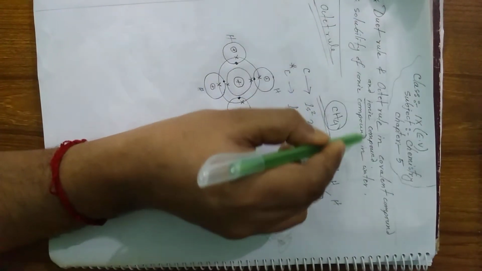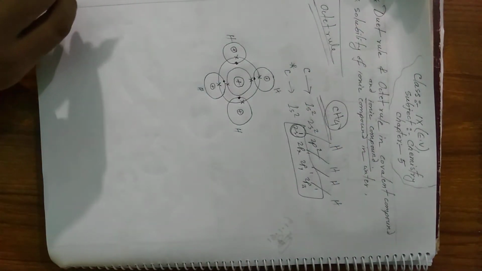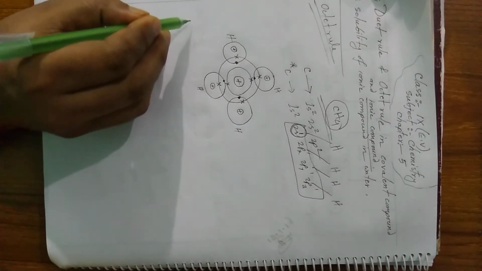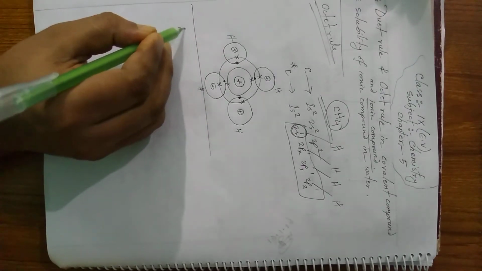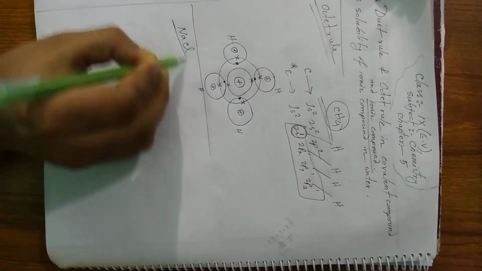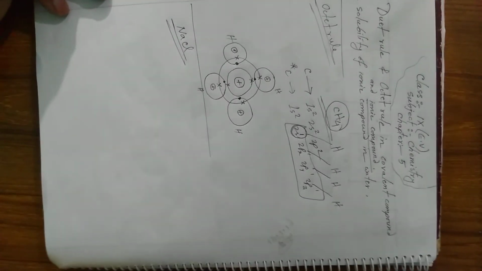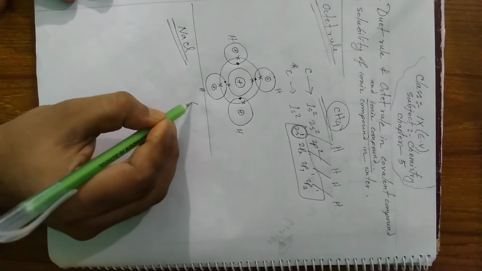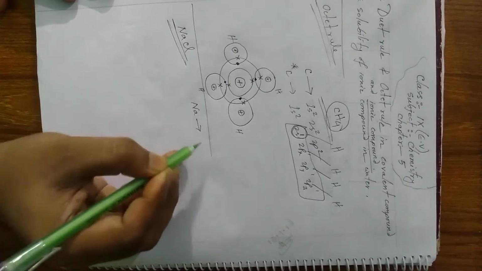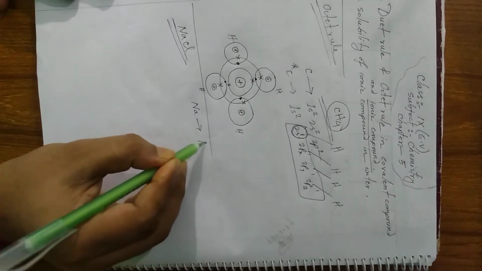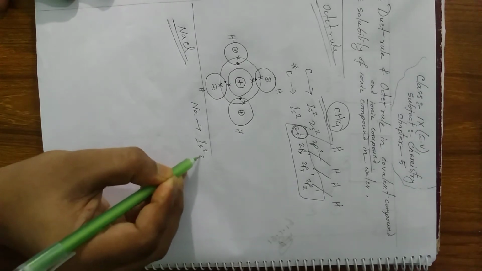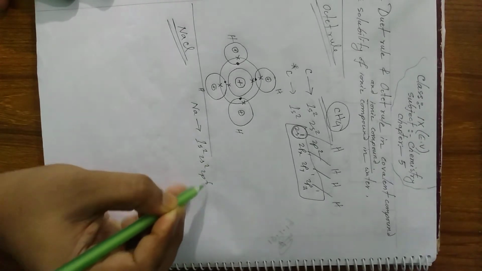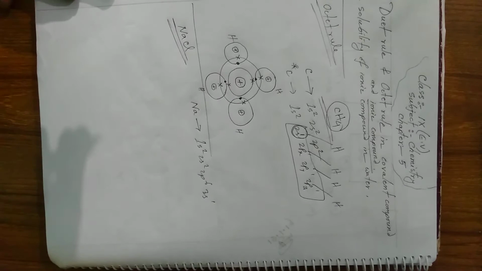Now, ionic compound. If we see the structure of sodium chloride, the electronic configuration of sodium is 1s2, 2s2, 2p6, 3s1.